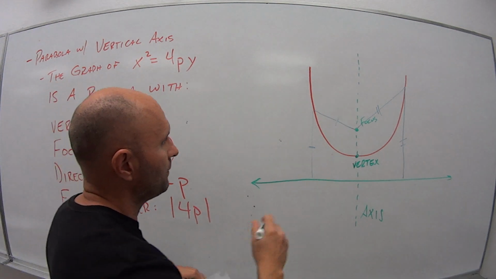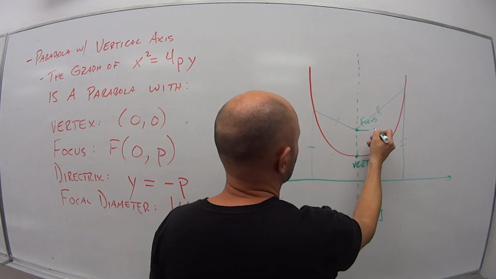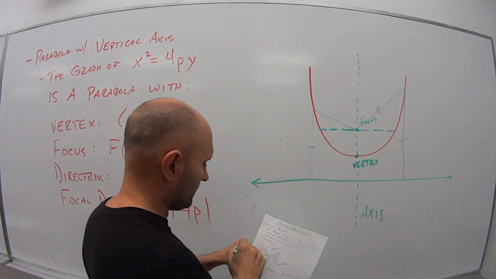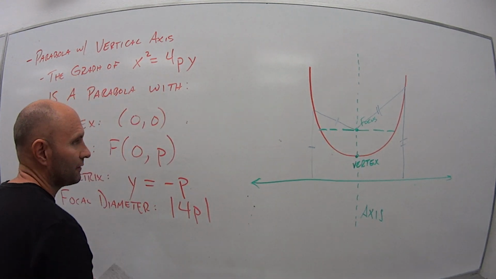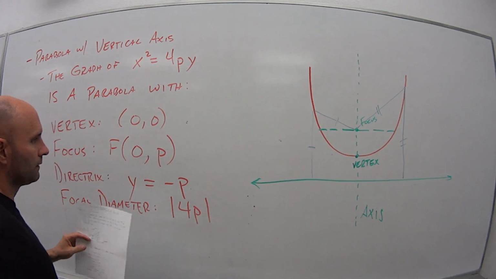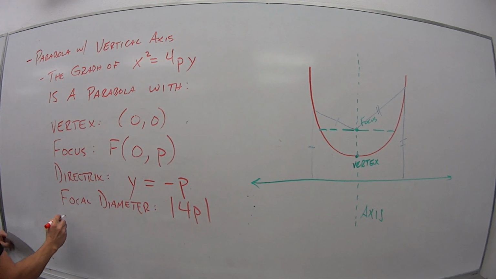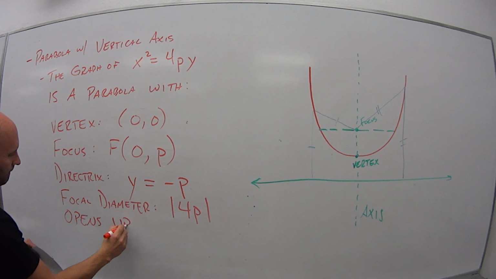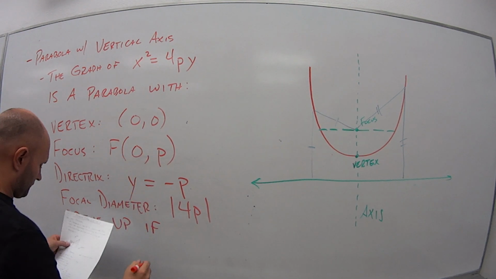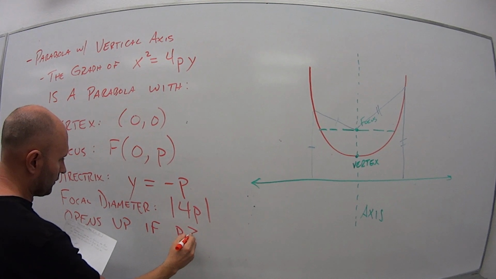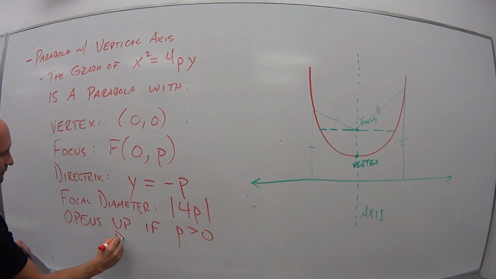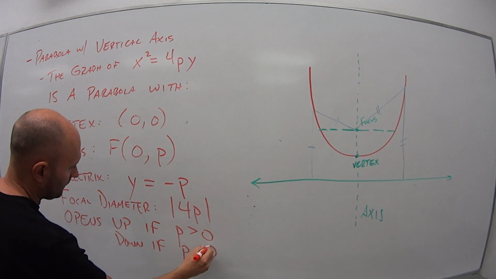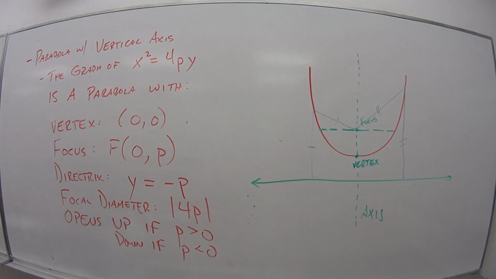The focal diameter is from this focus, if we go out to the parabola horizontally, that gives us the length of the focal diameter. And then lastly, it opens up if p is greater than 0, and it opens down if p is less than 0.